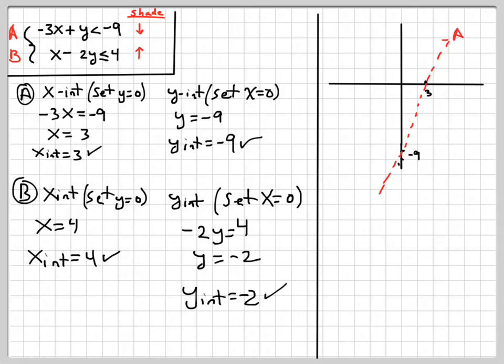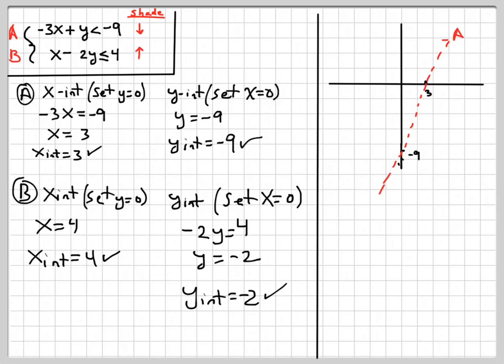Now, inequality A, remember the x-intercept is at 3 and the y-intercept is at negative 9. Those are my two dots, and I'll make a line through them. But if I look back at inequality A, it's a strict inequality. It doesn't have the little equal sign at the bottom, so it'll be a broken line.